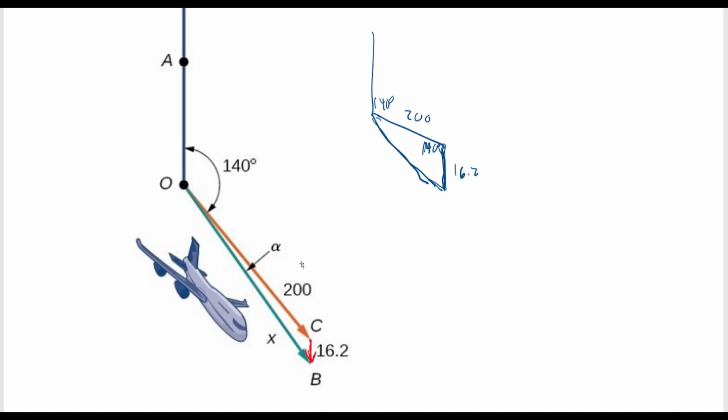Things we want to find out is this side here, we'll call that x. We can't use the Pythagorean theorem because it's not a right triangle, but we can use the law of cosines. So x squared equals 16.2 squared plus 200 squared minus 2 times 16.2 times 200 times cosine of the 140 degrees.